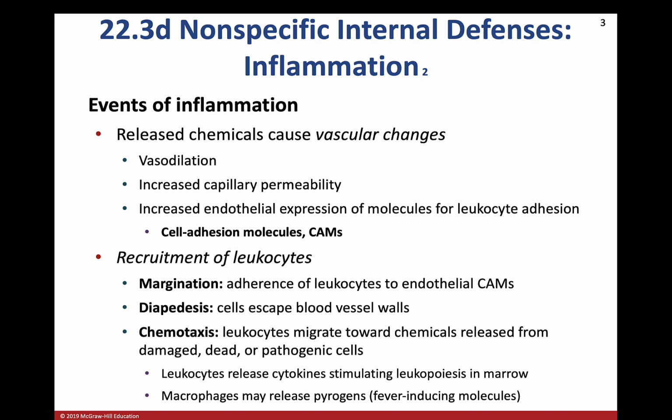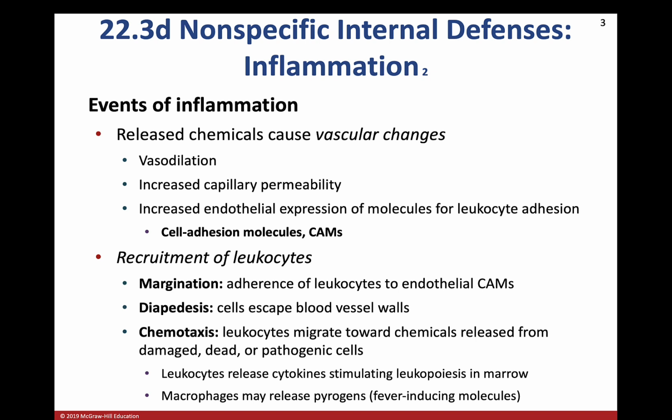These changes will include, but are not limited to, vasodilation and increased capillary permeability. This means that it will be easier for things to enter and leave the capillaries. And also there is going to be increased endothelial expression of molecules that are necessary for the adhesion of white blood cells. These are known as cell adhesion molecules, or CAMs.